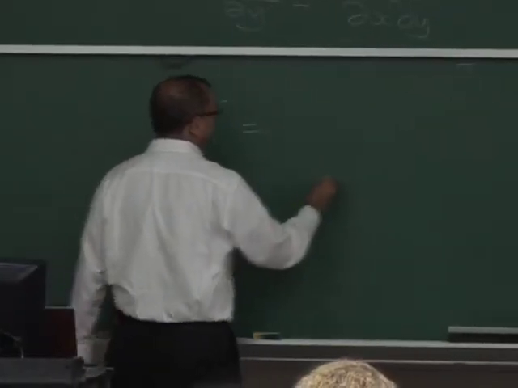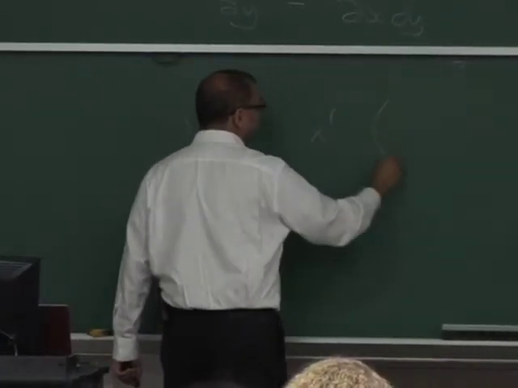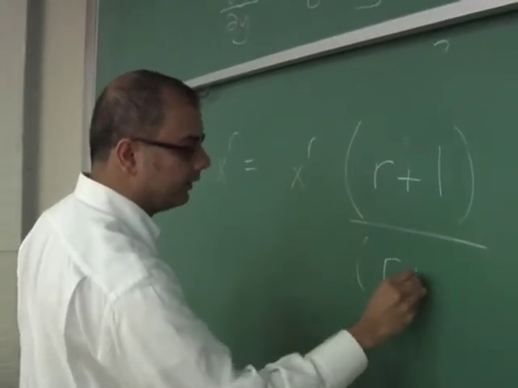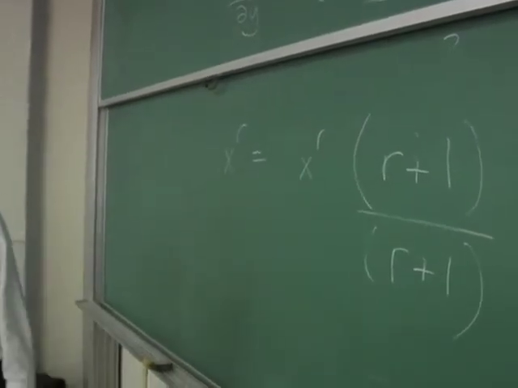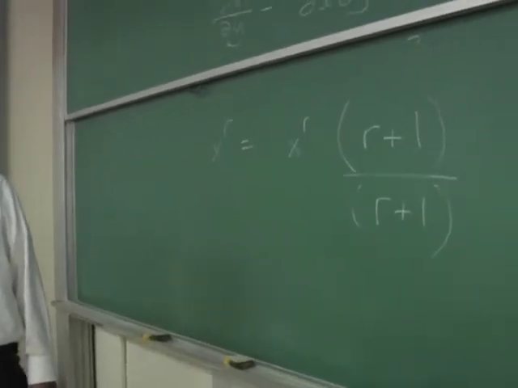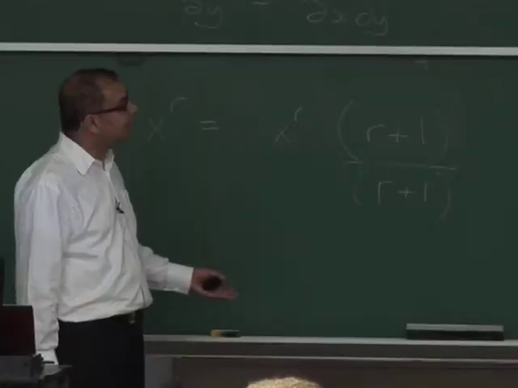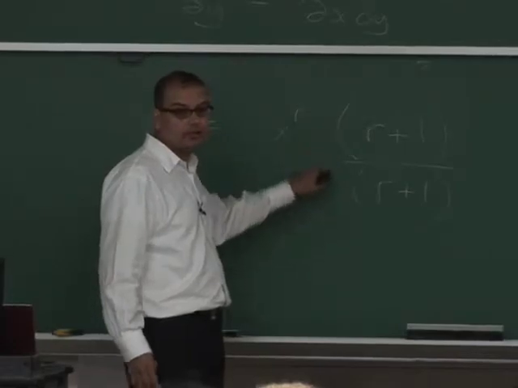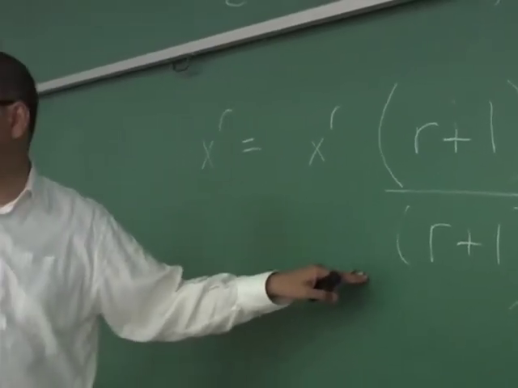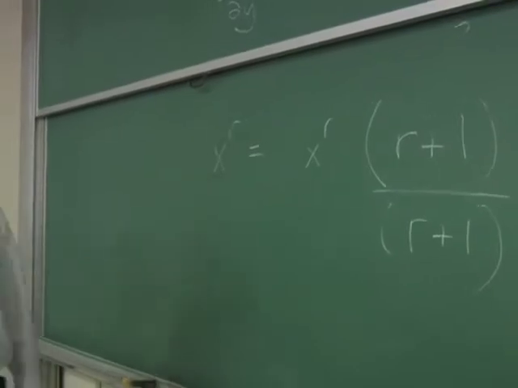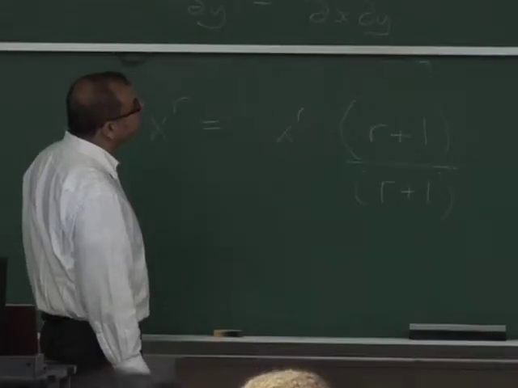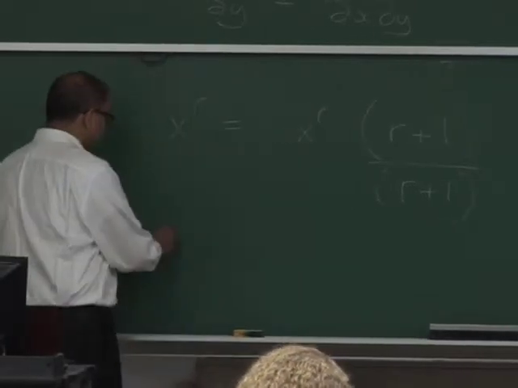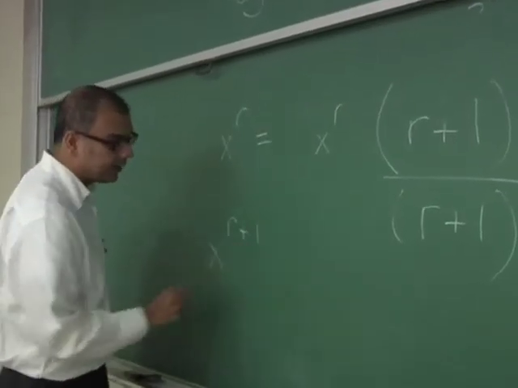X to the r is, of course, just x to the r plus 1 over r plus 1. Okay. So again, just using the power rule that we talked about before, this helps us to do the division of the coefficient that we did before. If x to the r is the derivative, the antiderivative is going to be x to the r plus 1.